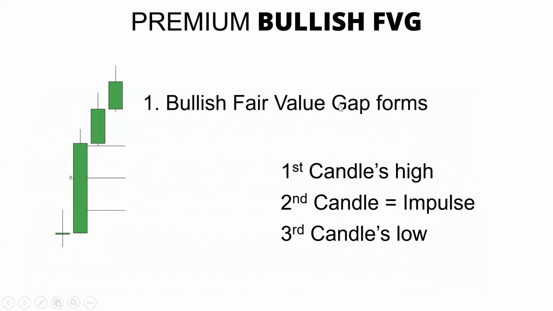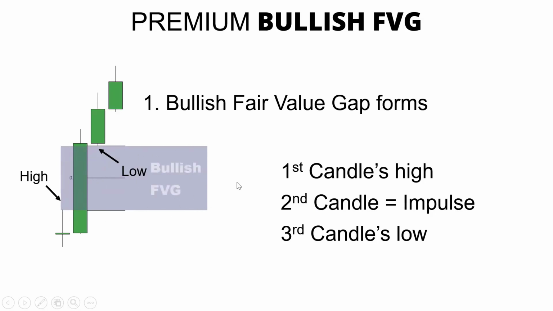So this is a bullish fair value gap that is formed clearly. We can see the high, we can see the low, and between that is the fair value gap. Between the fair value gap, you can draw your Gann box to establish where the premium is.